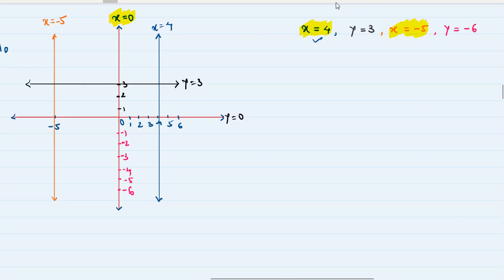Okay, so we have a straight line passing through -6. Okay, this looks difficult to pass through. Okay, let me just take care of this.